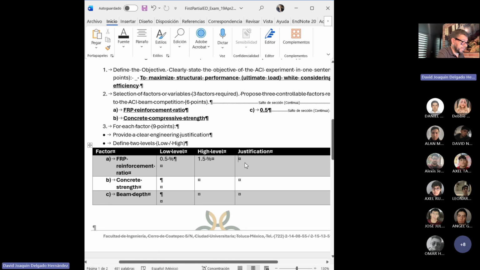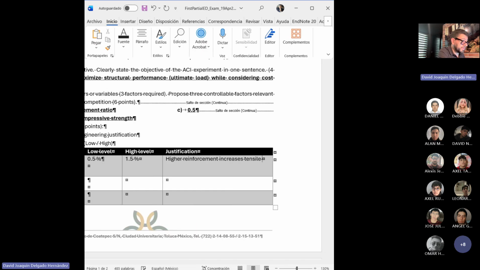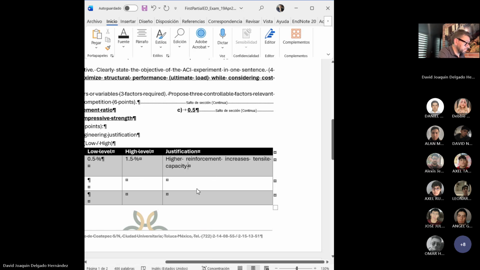So here you can have the justification, which is higher reinforcement increases the tensile capacity and load resistance.